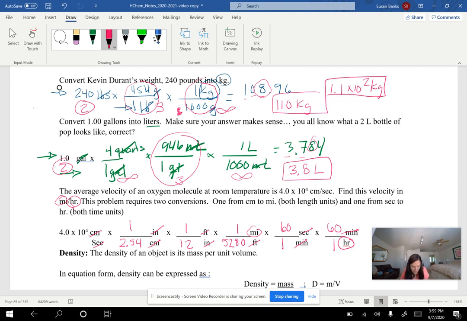So when we look at this, we're going to take 4 times 10 to the 4th multiplied by 60 and also multiplied by 60 again. Or we can take it step by step. Let's take it step by step. So I would do the E button here, 4 times 10 to the 4th.